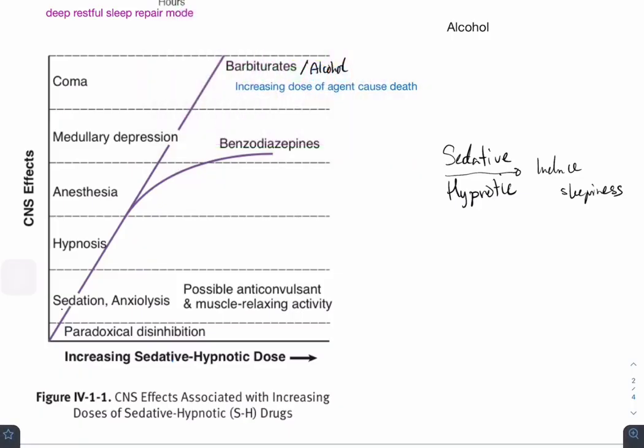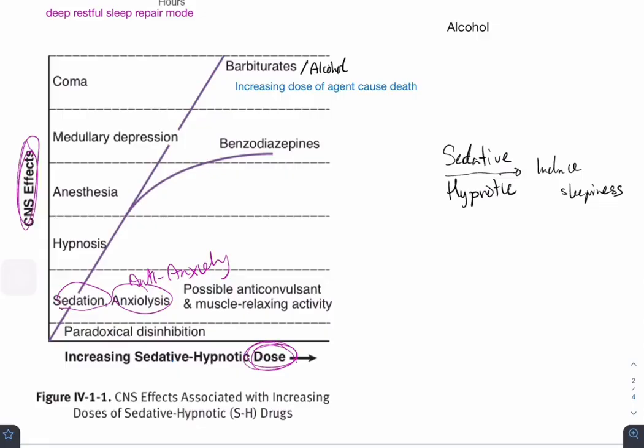Following this graph, this is the CNS effect, this is the increasing dose. At the low dose, both benzodiazepines and barbiturates are sedative and they are anti-anxiety. Anxiolysis means they don't make you anxious or distressed, and they're sedative at very low dose.